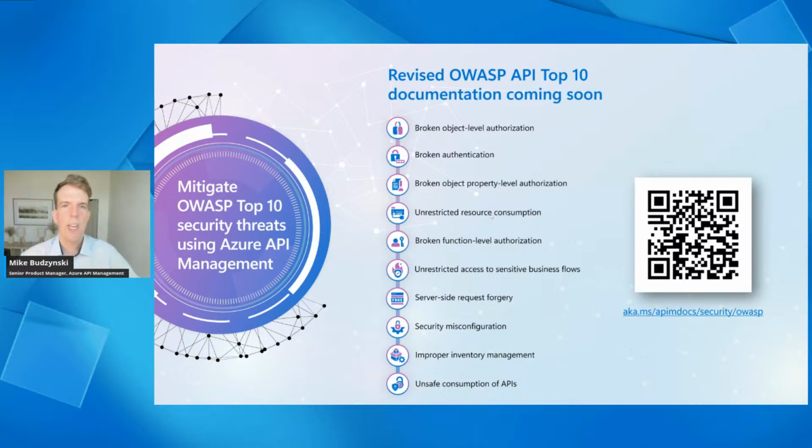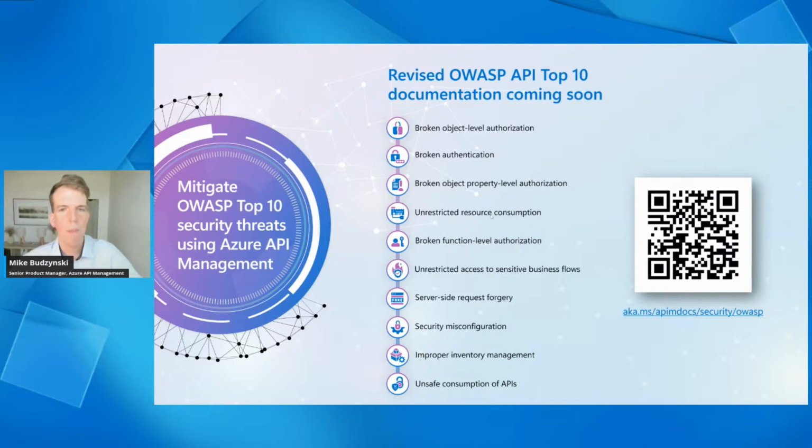And what I'm driving at is that we have comprehensive documentation on how you can use those different controls in Azure API Management to protect your APIs from OWASP API Top 10 security threats. OWASP API Top 10 is an industry-wide, standardized, and widely acknowledged set of threats that can impact your APIs and can cause vulnerabilities in your APIs that may lead to cyber attacks and cyber incidents.